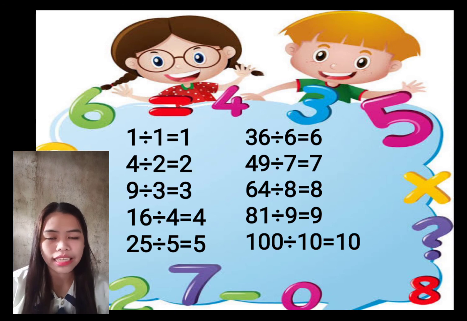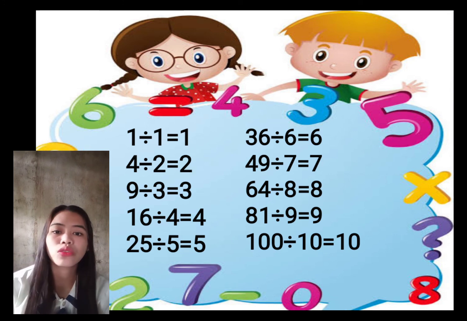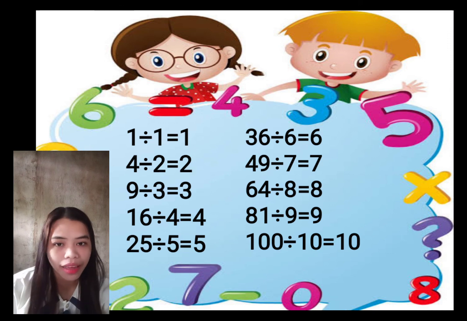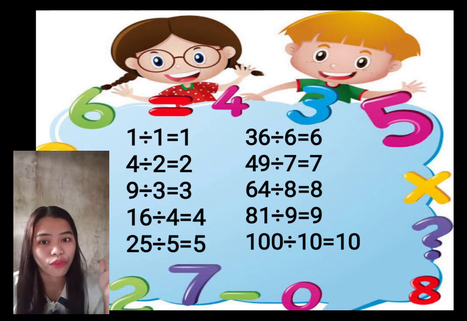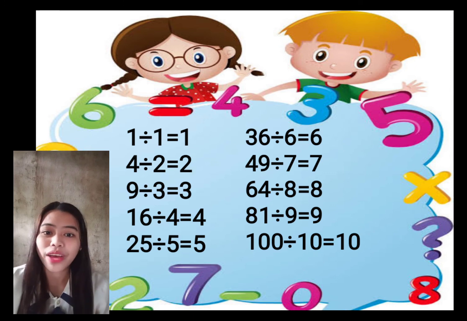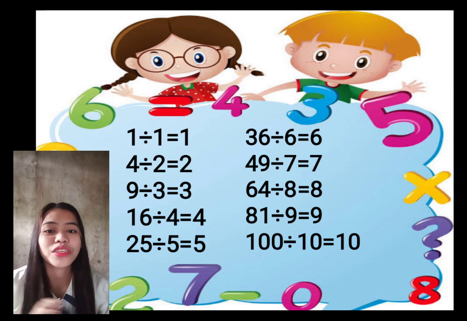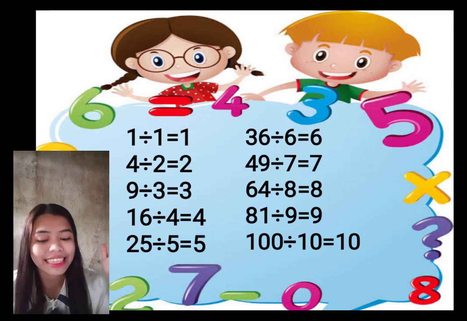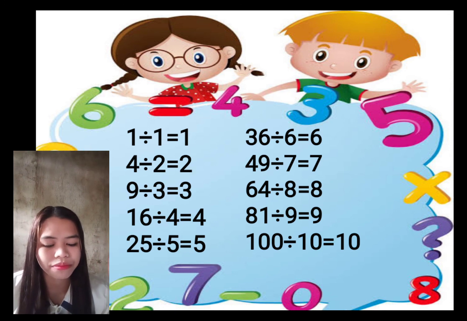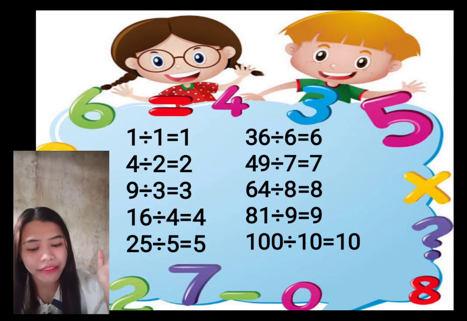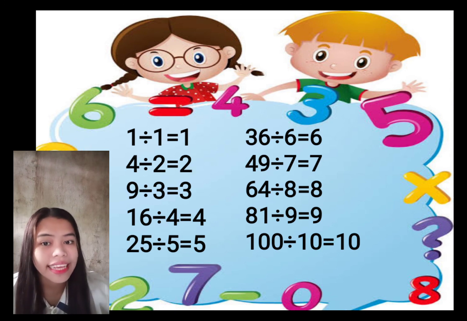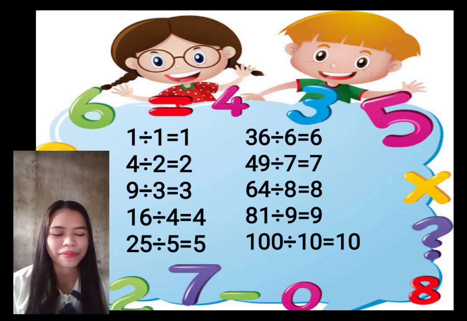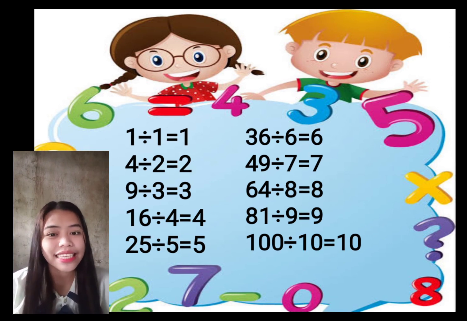1 divided by 1 is equals to 1. 4 divided by 2 is equals to 2. 9 divided by 3 is equals to 3. 16 divided by 4 is equals to 4. 25 divided by 5 is equals to 5. 36 divided by 6 is equals to 6. 49 divided by 7 is equals to 7. 64 divided by 8 is equals to 8. 81 divided by 9 is equals to 9.